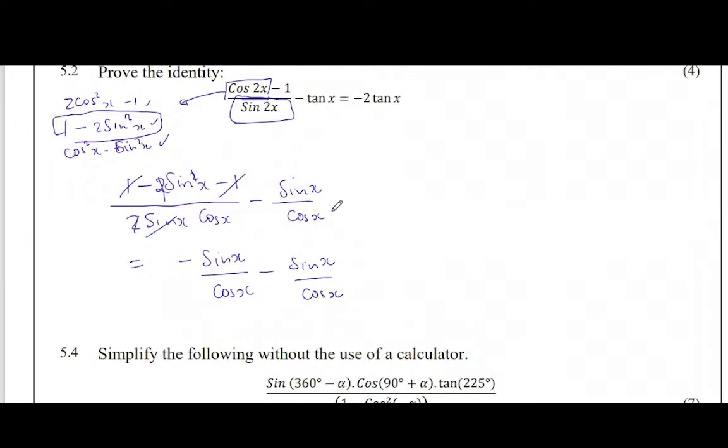Oh, there was no need of even me converting that. It's okay, it's fine because I see it's still a tan. I can change this to a negative tan x minus tan x, which gives me negative 2 tan x, and then I'm done. So I've just proved that the whole of the left hand side is equal to the right hand side.